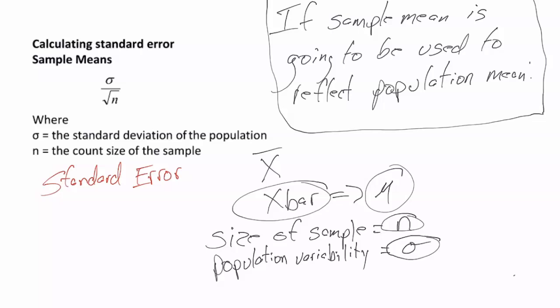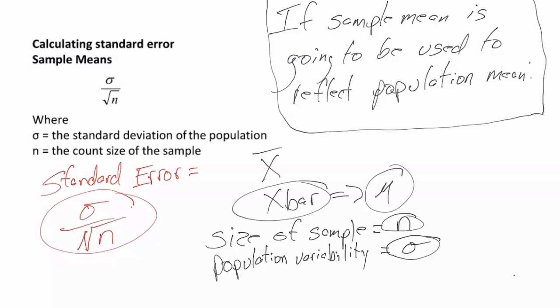As your sample sizes get larger, standard error gets smaller. As the population variability gets smaller, or there's much more consistency in the population data set, that standard error gets smaller.